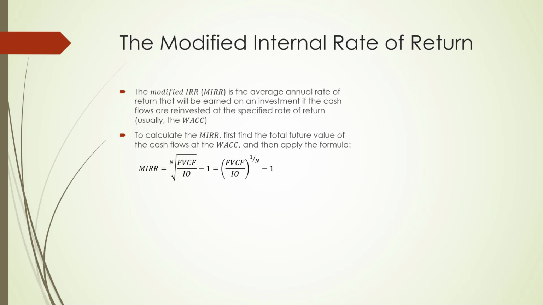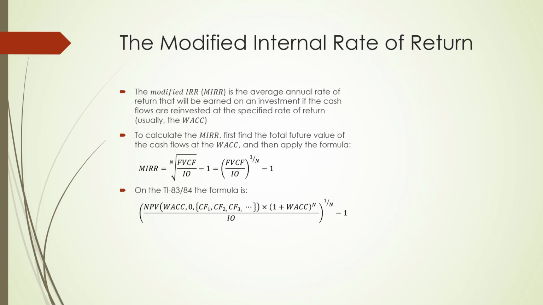You're usually not going to use this formula, at least not directly, because spreadsheets have a built-in MIRR function. Your calculator does not, however. And so on the calculator, you do have to use this formula. So to find the future value of the cash flows, we first find the present value using the NPV function with the initial outlay set to 0, and then we find the future value of that by multiplying it by 1 plus the weighted average cost of capital raised to the nth power.